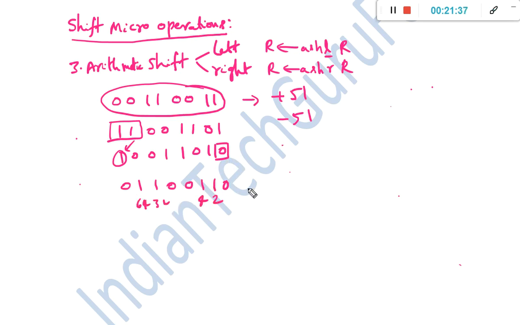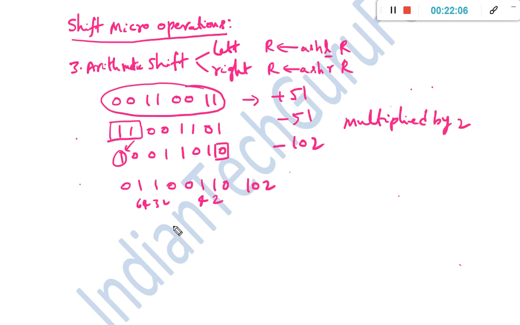So what is the magnitude? I got 102. Because it is a 2's complement number, it is a negative number, minus 102. Even though I have considered the negative number, we got the correct result. So whenever I perform it, let it be a positive number or a negative number, it will be multiplied by 2.